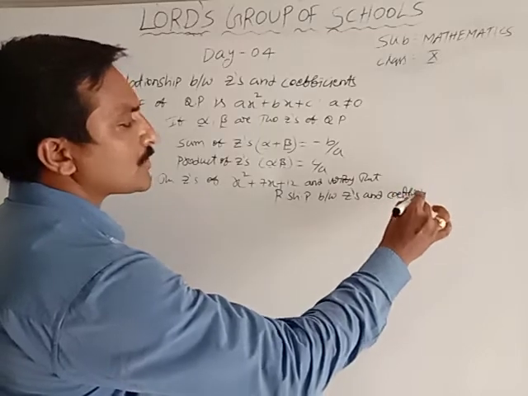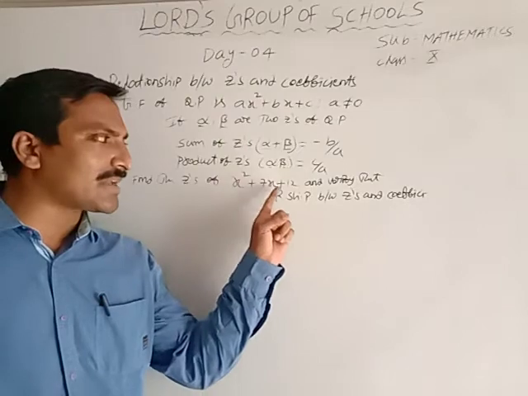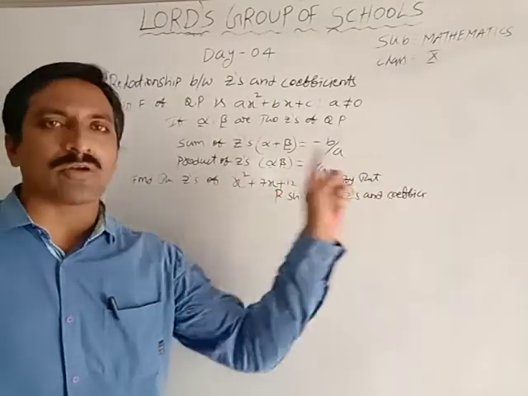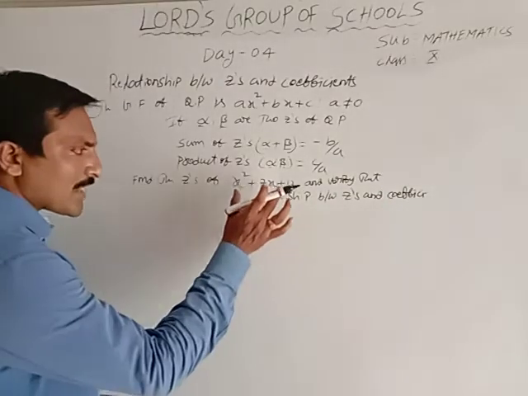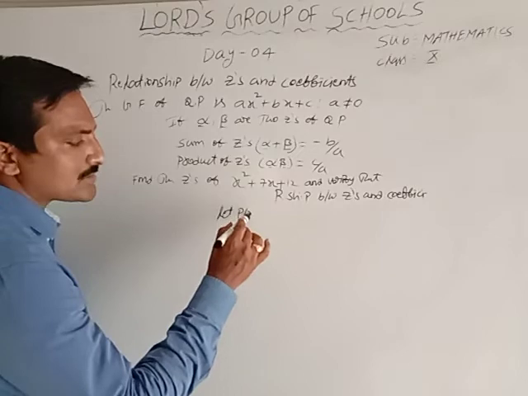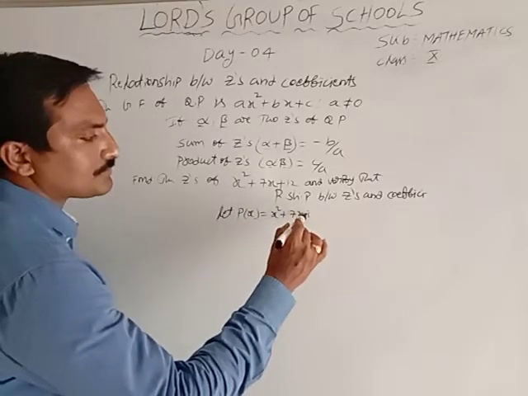What is the given polynomial? Let p of x is equal to x square plus 7x plus 12.